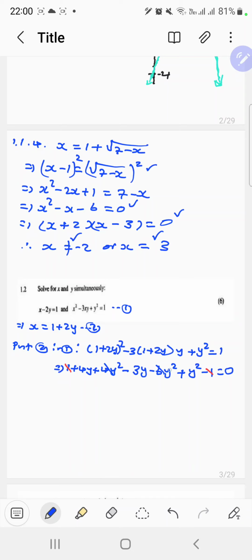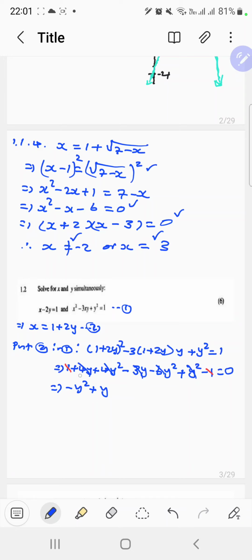Minus 2y squared plus y squared, we get a minus y squared. And then here we have a 4y minus 3y. So this one gives us a plus y.